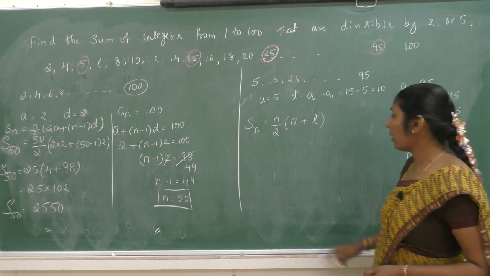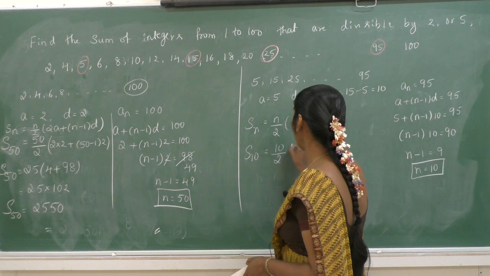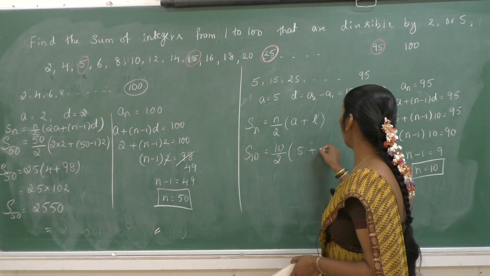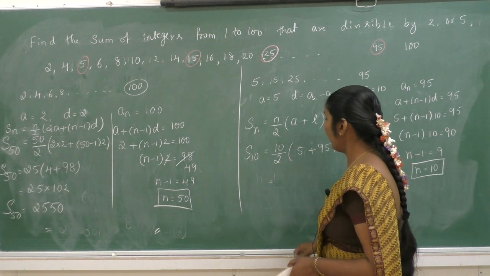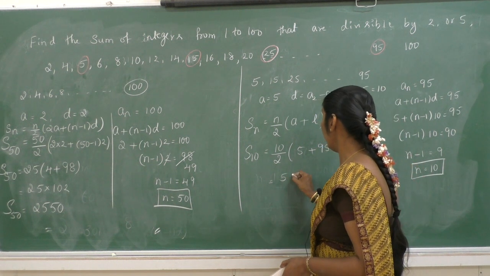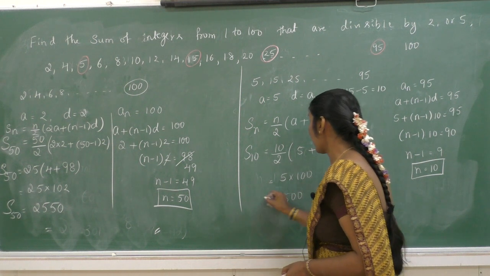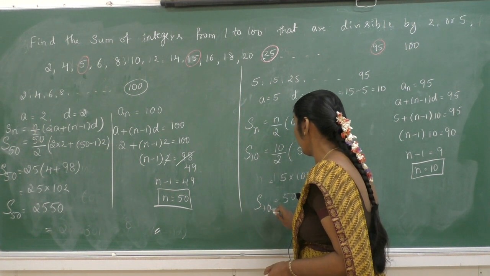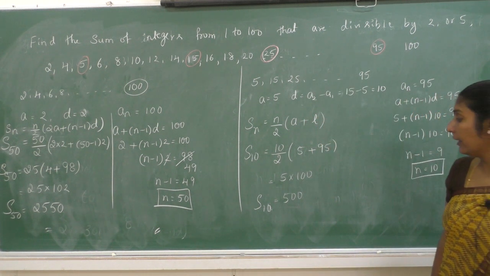Here the number of terms is 10. S10 is equal to 10 by 2 into first term 5, last term 95. 95 plus 5 is 100. 5 into 100 is equal to 500. The sum of the first 10 terms of the sequence 5, 15, 25 is 500.